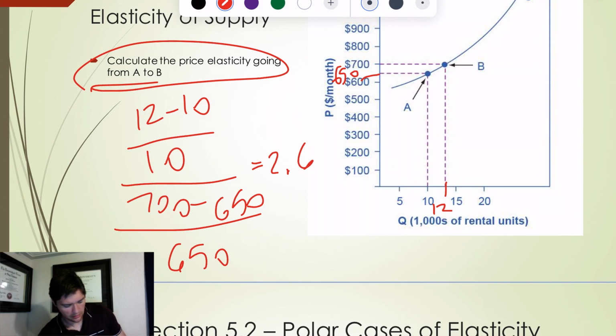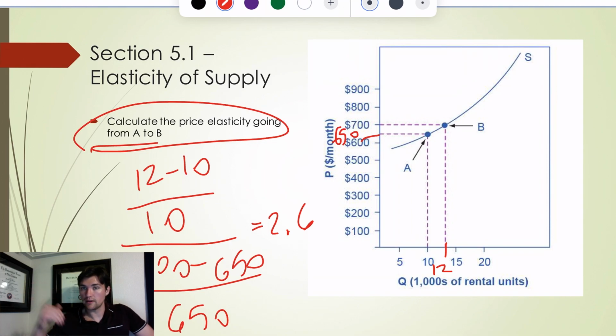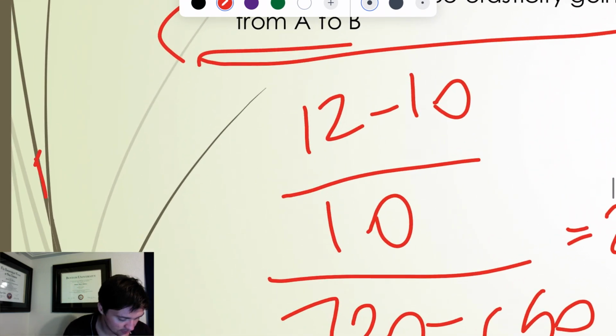Let me double check that. 0.769. Yes, you should get 2.6. So that's how you calculate elasticity: percent change in quantity divided by percent change in price. So what kind of good is this? It's 2 point something, so that would be elastic.